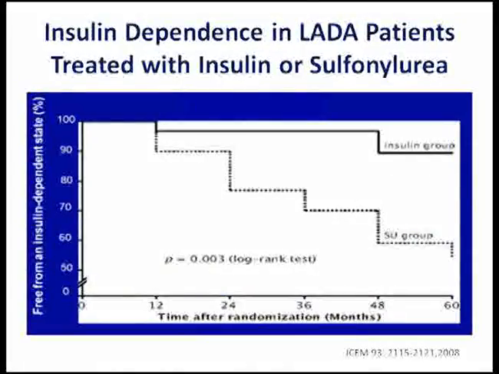The number of patients in the sulfonylurea group with deterioration or progression of beta cell failure was higher than in those in the insulin group, who were more stable.